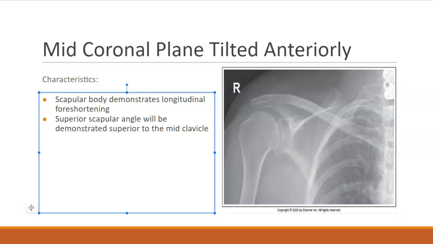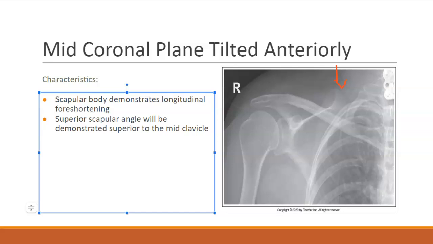And then that superior scapular angle will be demonstrated superior to that mid-clavicle point, okay? And so that is indicative of that mid-coronal plane tilt.